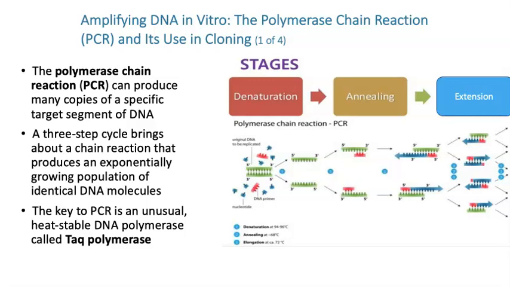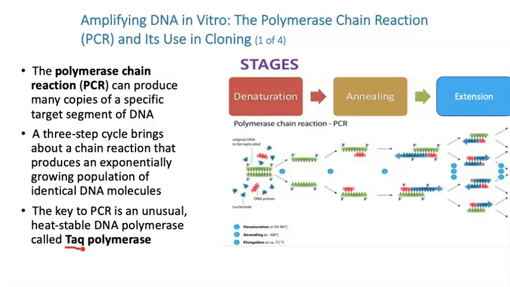So scientists have been able to find a very, very heat-stable DNA polymerase called Taq polymerase. Now, this word is pronounced Taq, T-A-Q, Taq. That's short for the name of the bacterium in which it was found, which was Thermus aquaticus. It's found in hot springs. So this is a bacteria that lives in hot water.